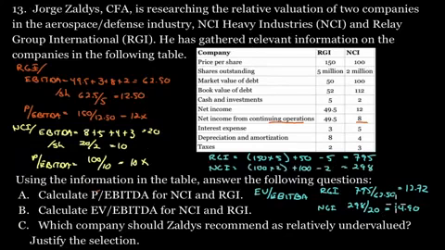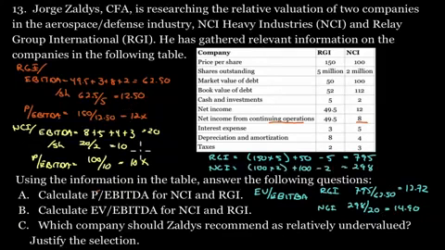All right. C. Which company should Zaldis recommend as relatively undervalued and justify the selection? All right. Well, let's look at the price to EBITDA multiples for now. We know that they're different, but are they justified being different?